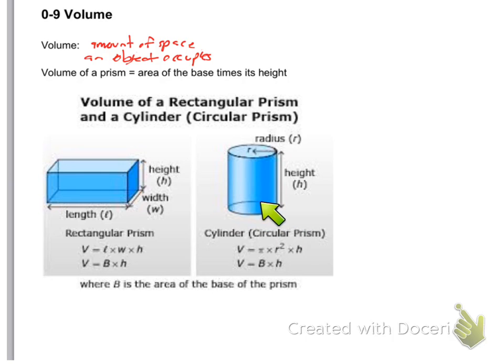You have a circular base times its height. So pi r squared times h. Versus this one, which is length times width, which is area, times height, gives it volume. Pi r squared, which is the area of a circle, times height.